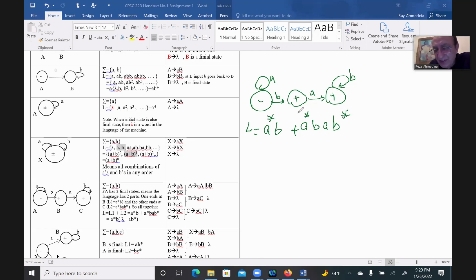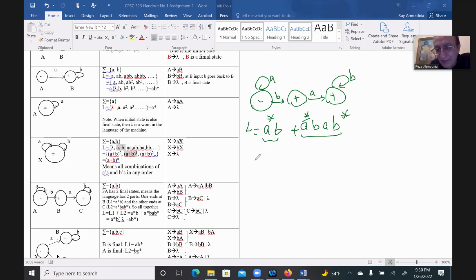So two final states means two sets of words here. But remember, to get to here you have to go through all the loops. Don't say that from here to here I need just B and A. No, you can have any A's, and then B, and then A to get to here. So don't forget about A star.